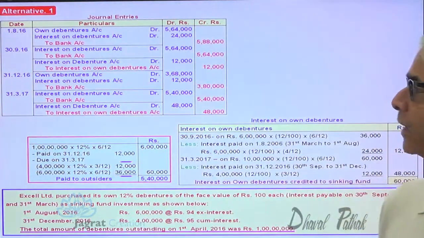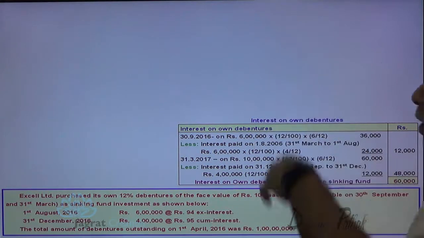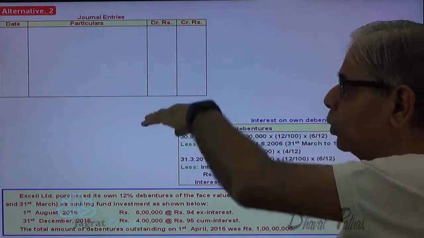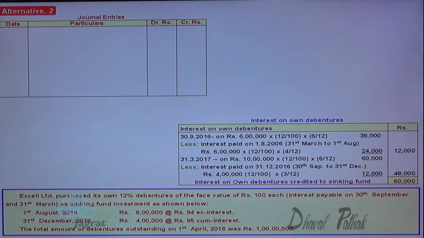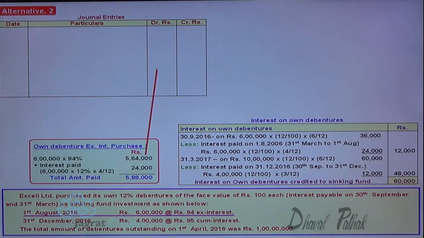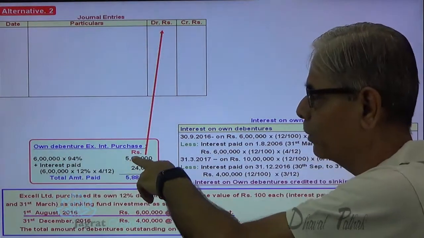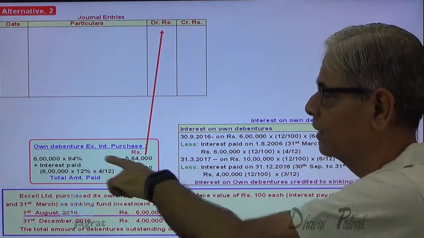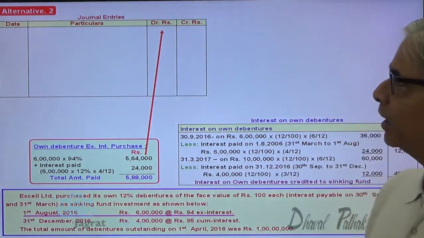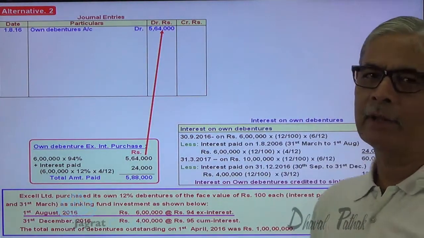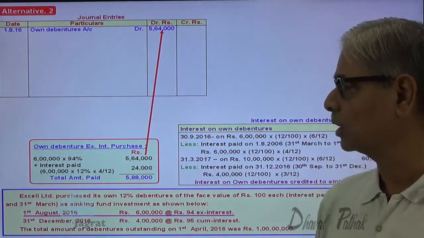Now second alternative. In this second alternative, I want to write down the journal entries over here. 6 lakhs into 94%, I have already made working for this. 6 lakhs into 94%, 5,64,000 is the ex interest purchase price. Interest paid at the time of purchase: here, own debenture account debit 5,64,000, that is same in this alternative and it was same in the previous alternative.